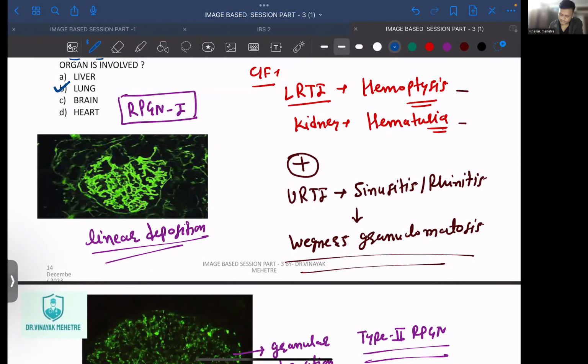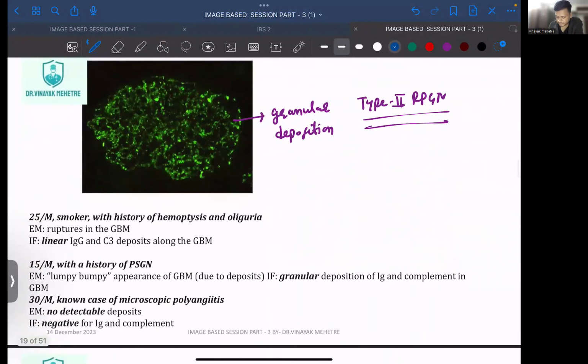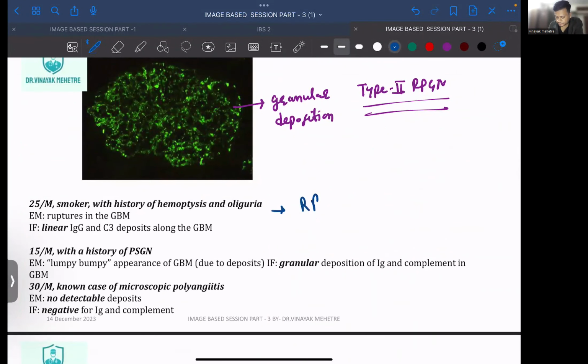So if such a question comes directly, the answer will be RPGN type 1. Second, granular deposits. That one was linear; now we have this one, so it is called RPGN type 2, correct?